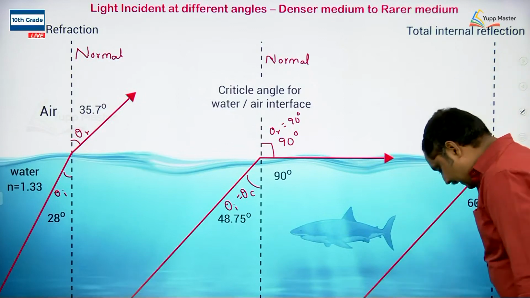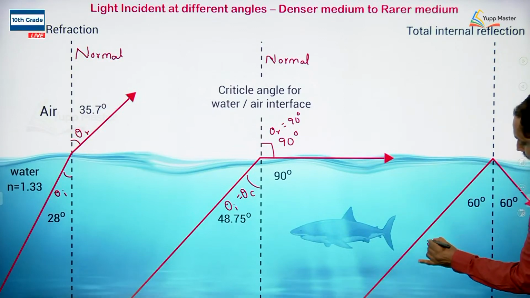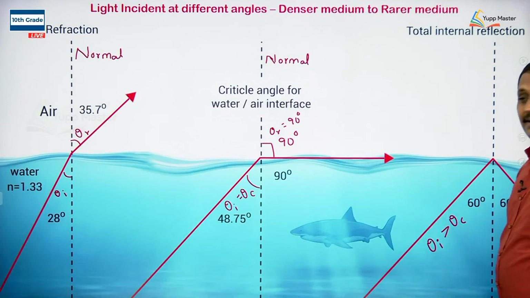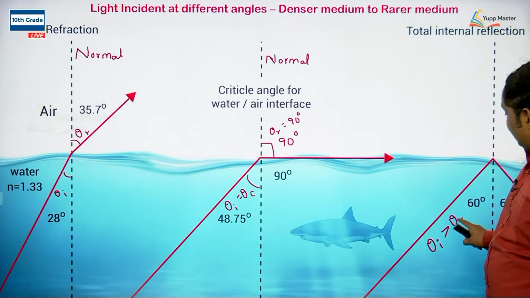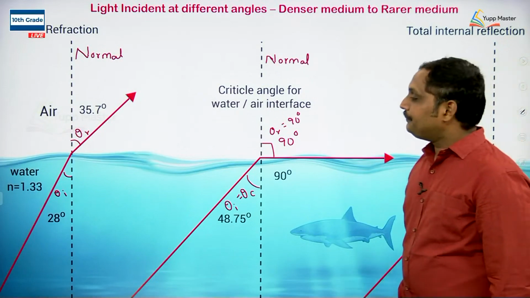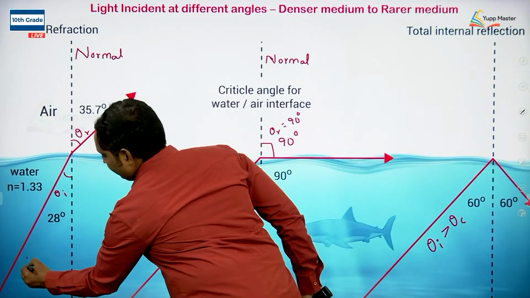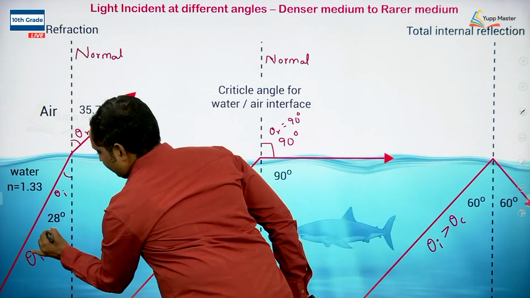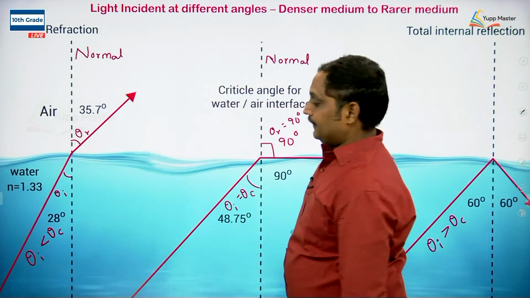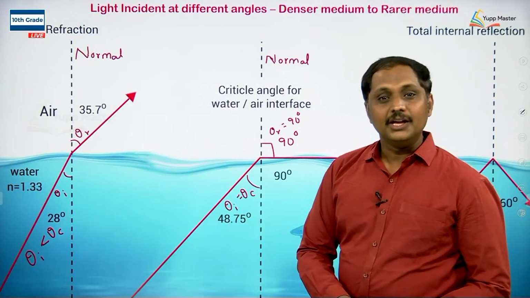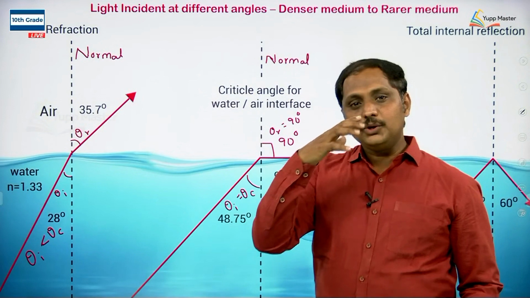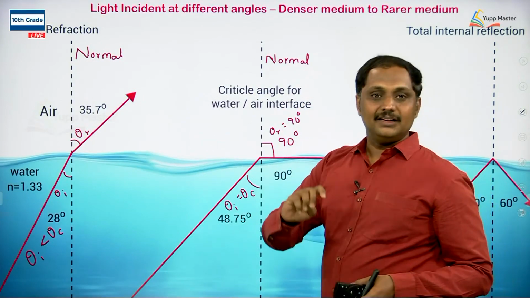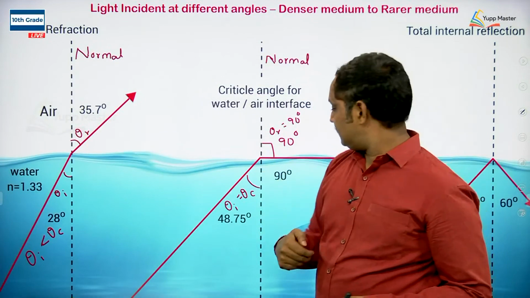So, in this case what happened? Theta I, the angle of incidence, is greater than the critical angle. Now, in this case, theta I is less than theta C. What happened when you made the light rays incident at less than the critical angle and greater than the critical angle?